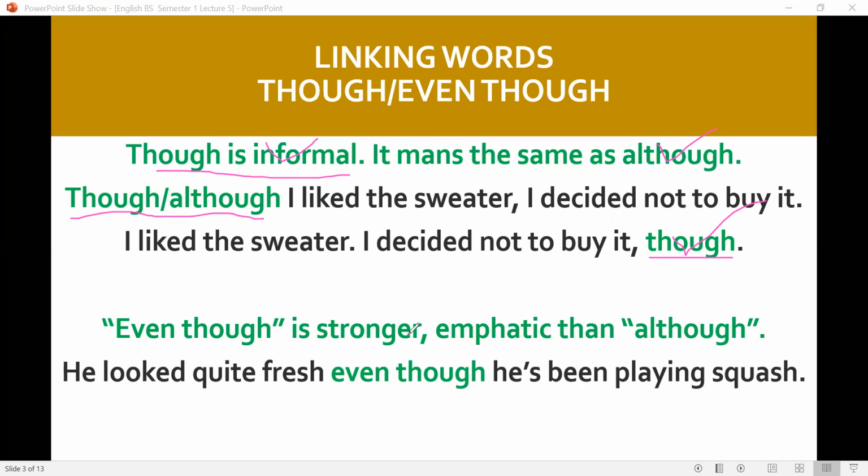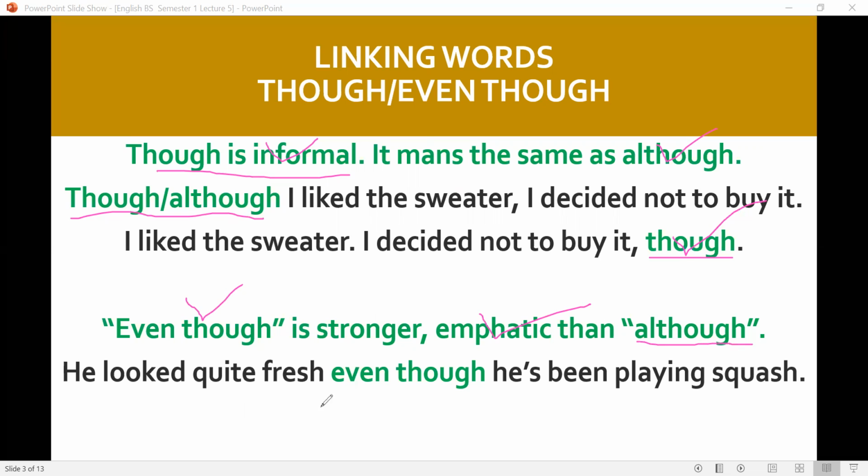Even though is stronger, more emphatic than although. When you stress upon the reason of doing something or something happening, you will use even though, not though or although.